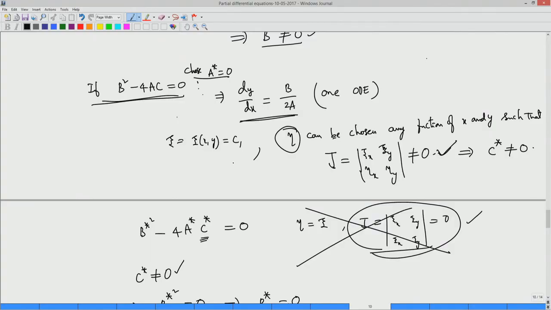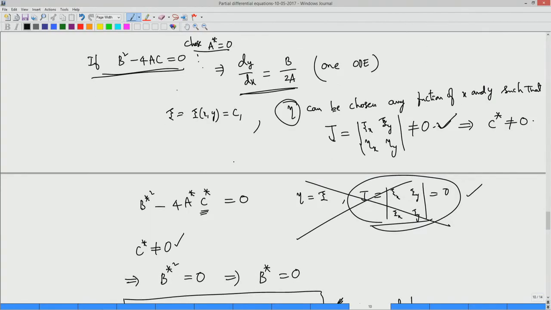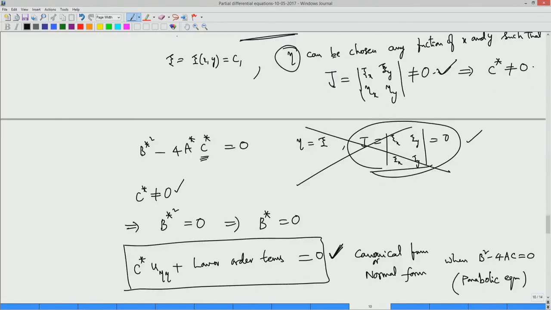If b square minus 4ac equal to 0, in the earlier video we have shown that you could get only xi, and eta you have to choose in such a way that the Jacobian is non-zero, and then b star square minus 4a star c star is 0. That makes c star non-zero, because if you choose c star equal to 0, then the Jacobian will be 0.